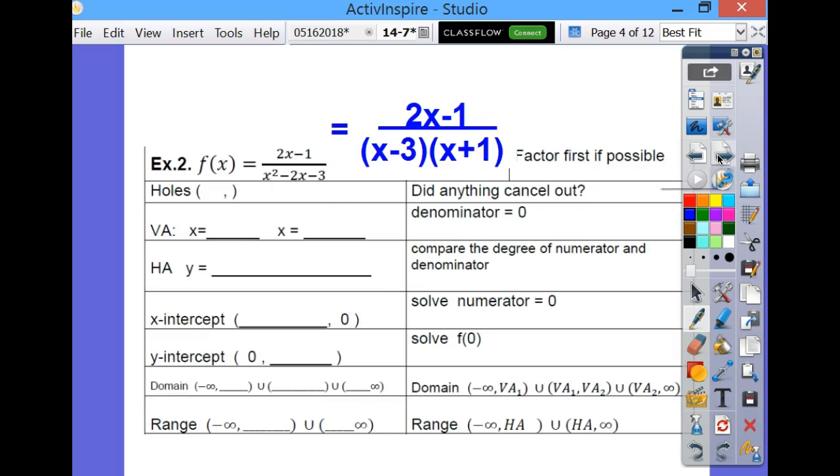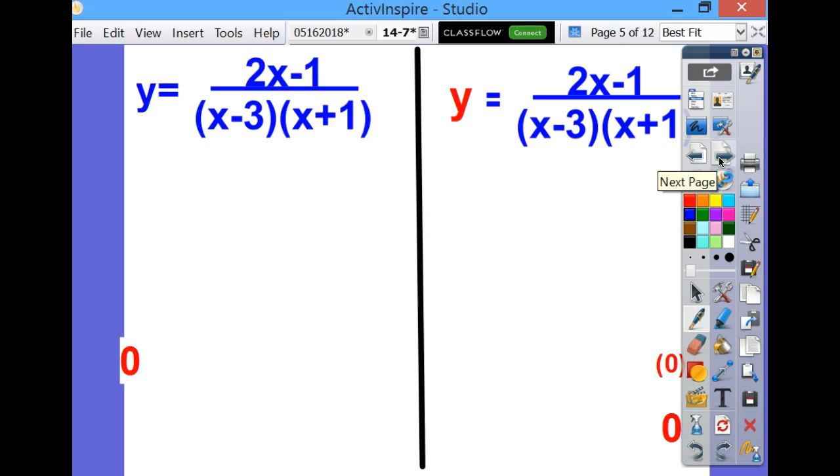So on example number 2, you write down the equation twice, because you got to find the x-intercept, then you have to find the y-intercept. That's why you're writing it down twice. To find the x-intercept, you plug in a 0.